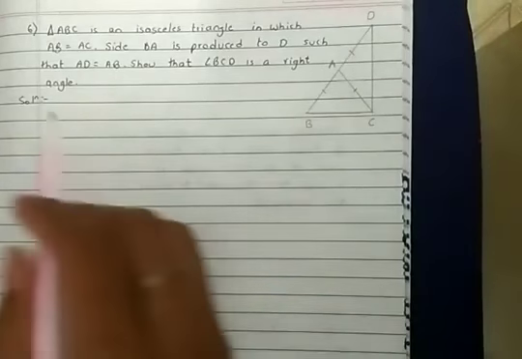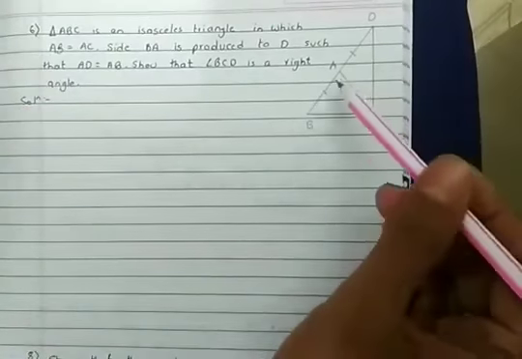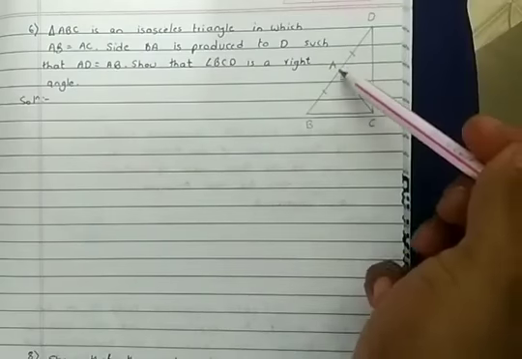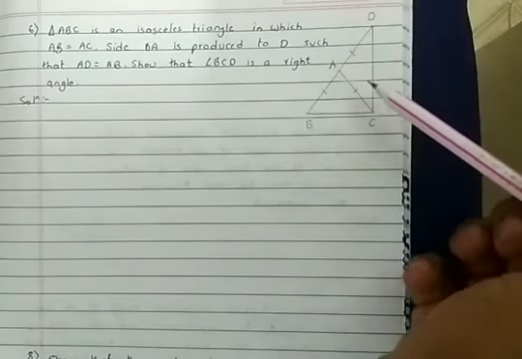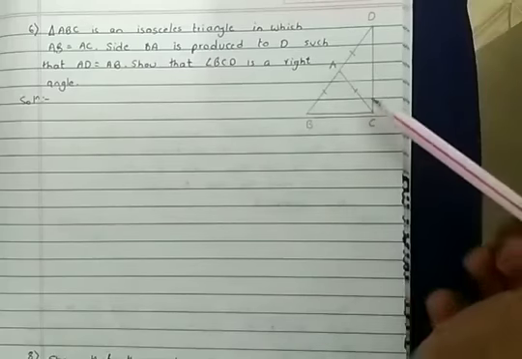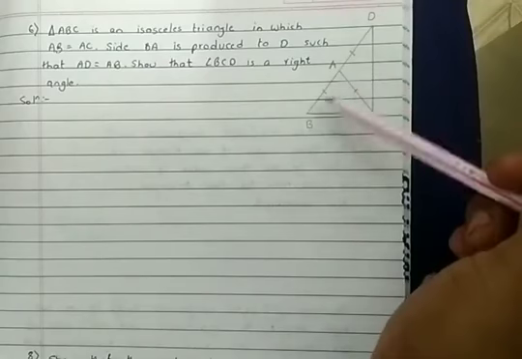Now let's solve problem number 6. ABC is an isosceles triangle in which AB is equal to AC, right? Any isosceles triangle has its two opposite sides equal, and side BA is produced.